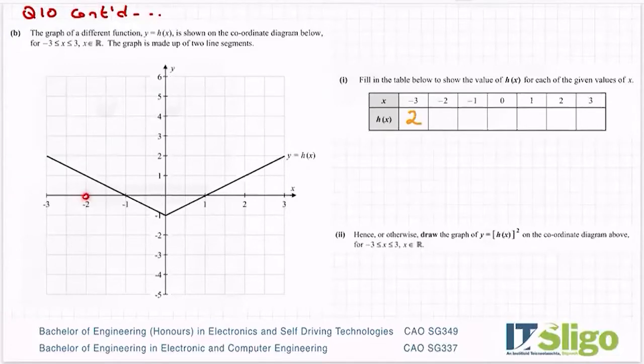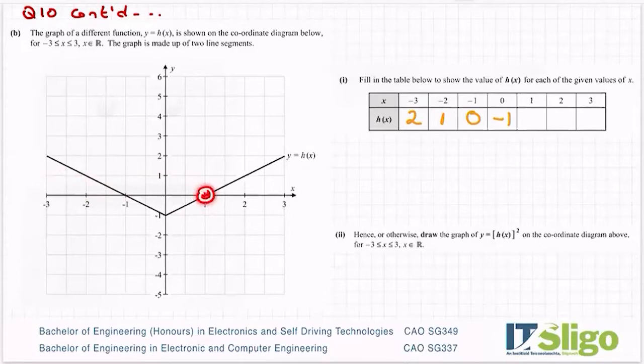When x is minus 2, let's go up to my graph, and you can see that's when y is 1. When x is minus 1, well, the graph goes through there, so it's 0. When x is 0, come down to your graph, and you can see it's minus 1.